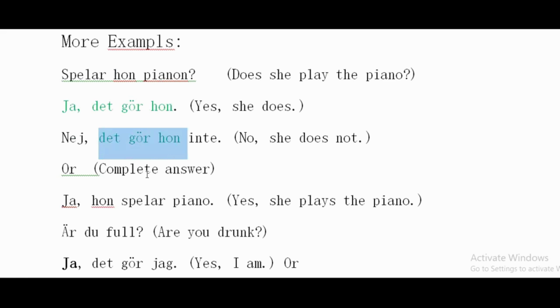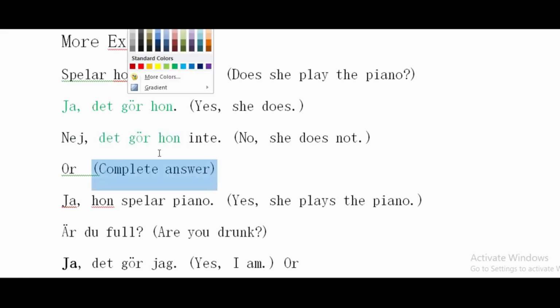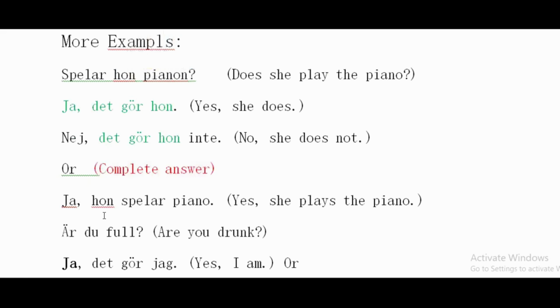Or you can use a complete answer. What is the complete answer that we learned earlier? "Ja, hon spelar piano." Yes, she plays piano. So this is your complete answer. This is a short answer where we use just the fixed expression "det gör" plus subject, and before that we add "ja" or "nej".